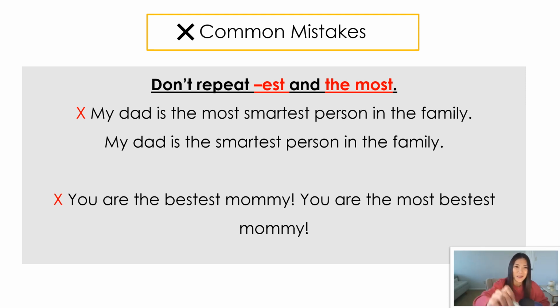So, best is already a superlative, right? It's good, better, the best. So this est can't be there anyway. Here we are just going nuts with 3 superlatives, right? So again, we just want to use one of either superlative or the comparative.